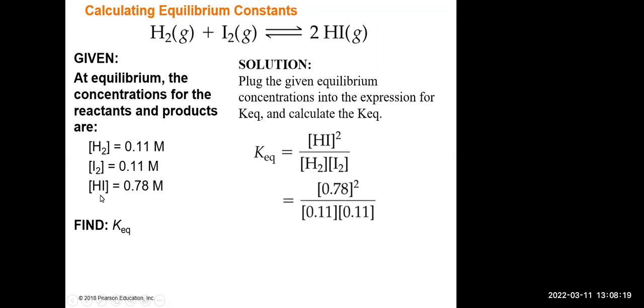The concentration must be in molarity, otherwise you have to convert. So HI is 0.78, squared, divided by the concentration of H2, 0.11, multiplied by the concentration of I2, again 0.11. Use the calculator and you get about 50, which in scientific notation is 5.0 times 10 to the positive 1.